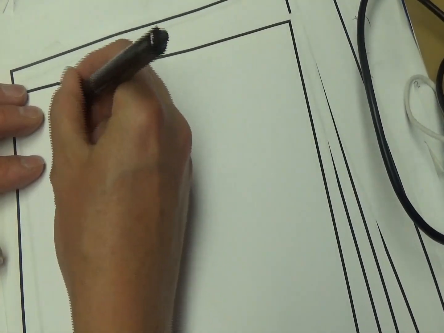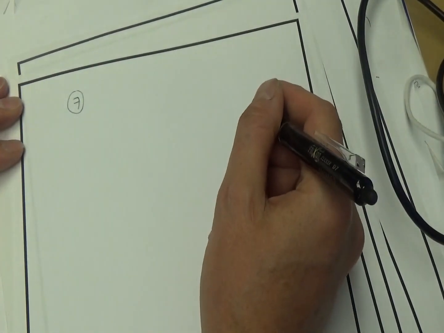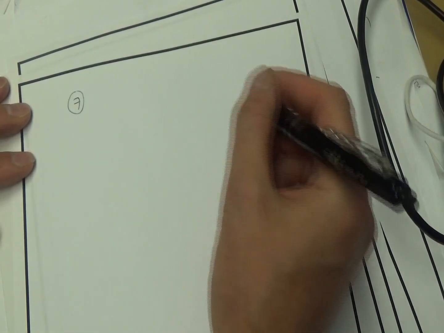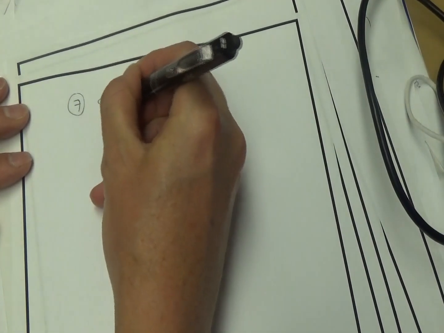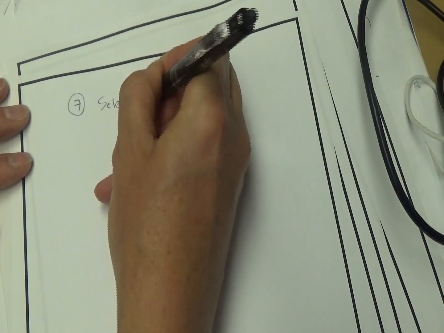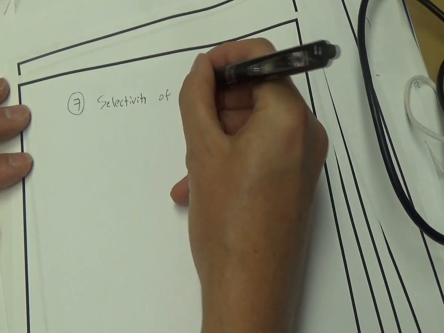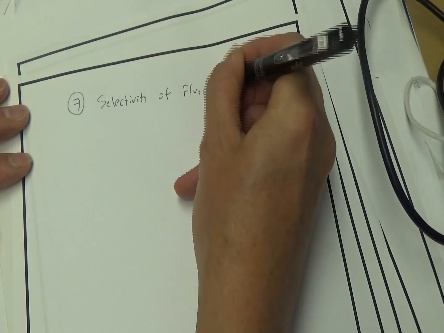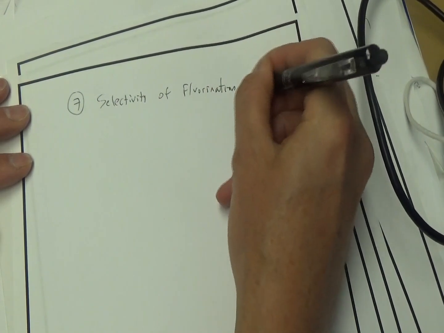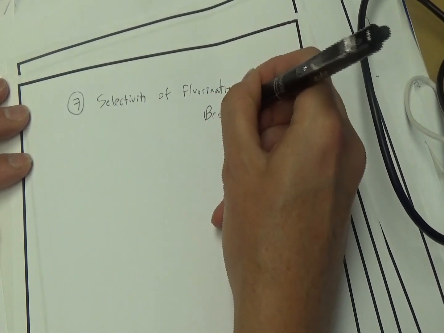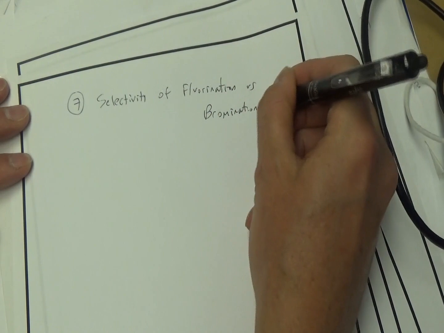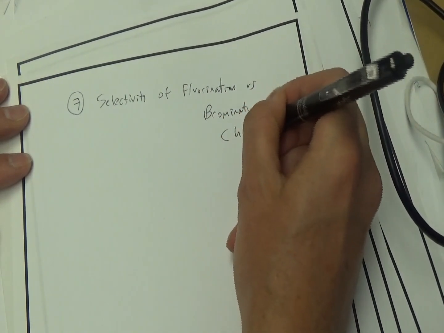Alright, so we're still on number 7, which is selectivity of fluorination versus bromination versus chlorination.